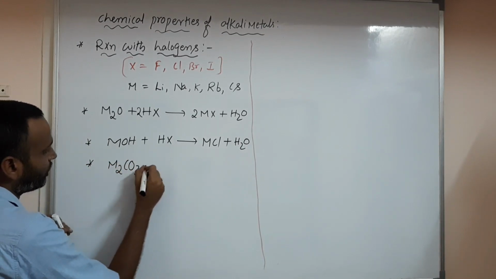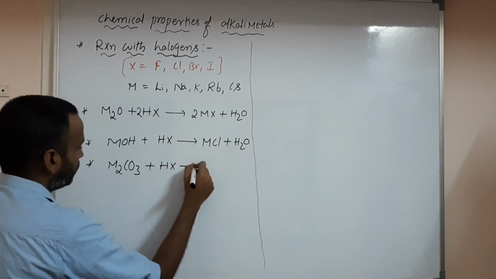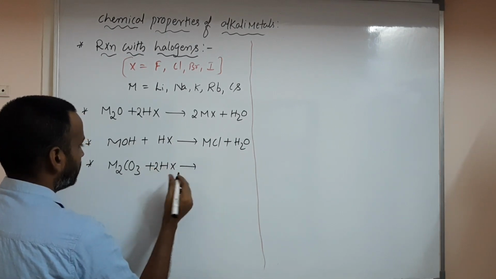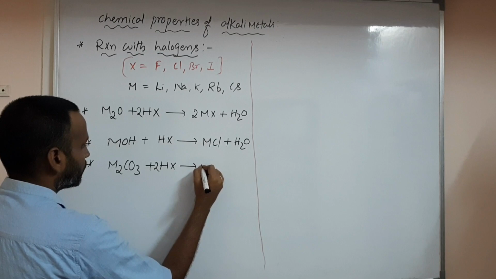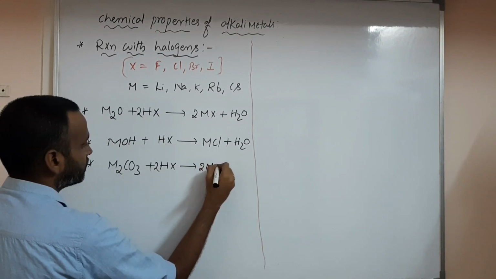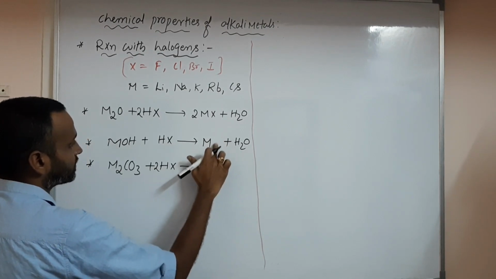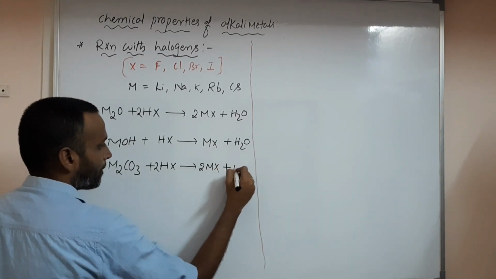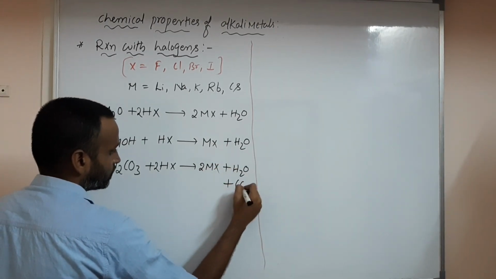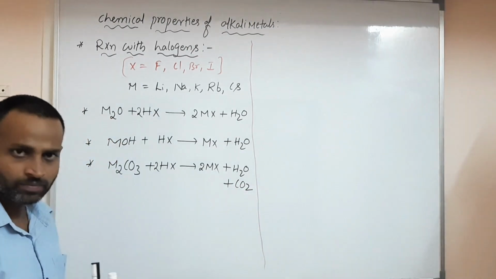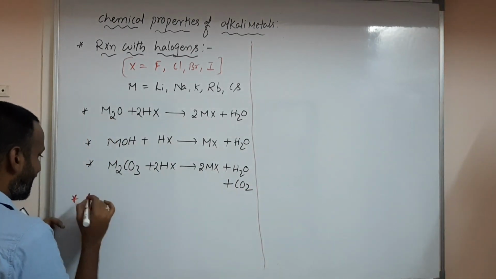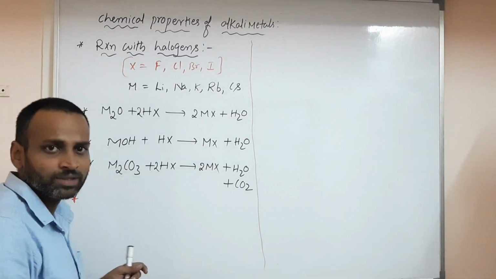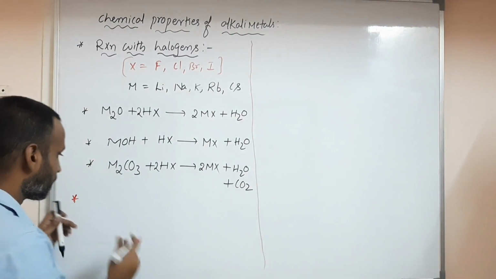M2CO3 when reacting with HX, you will get 2 moles of 2MX and H2O plus CO2. These are the preparations. Okay, you can have a few more important points, their stabilities and all, here also.